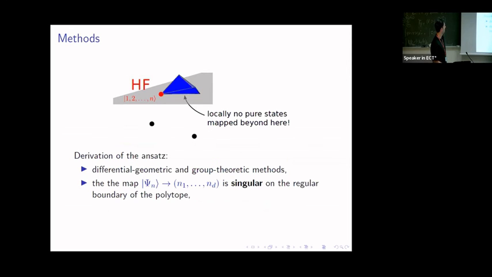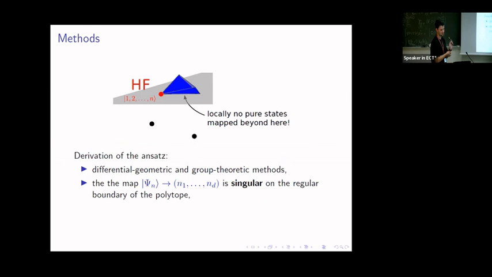Okay, this is just a few words about methods, but that's maybe not so important now. So roughly the methods are about studying the geometry of this map, and when you are at the boundary of the polytope, it becomes singular. So it has some non-zero kernel, and this implies the structure of the state.